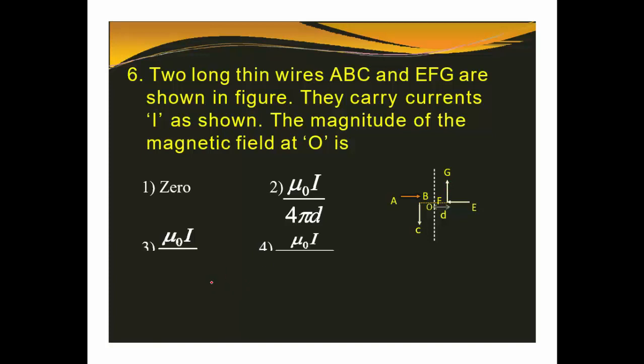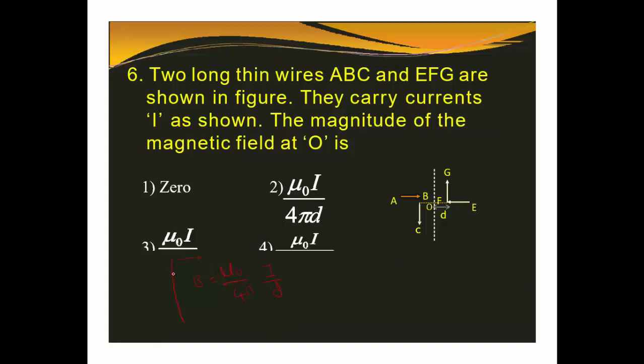Now I am going to write one formula here. If a straight wire is there and you want to count the magnetic field at one end, the formula is mu naught by 4 pi I by D, with D being the distance.